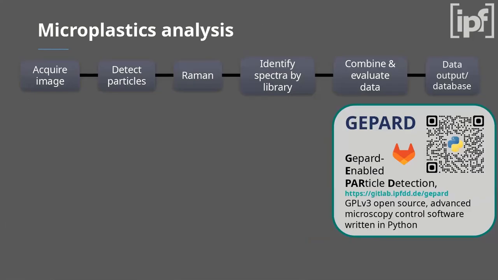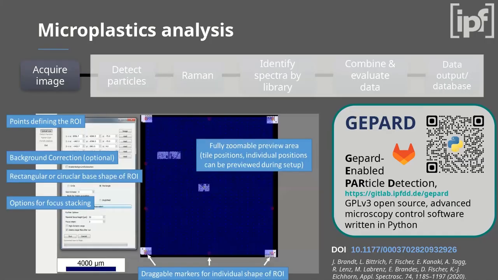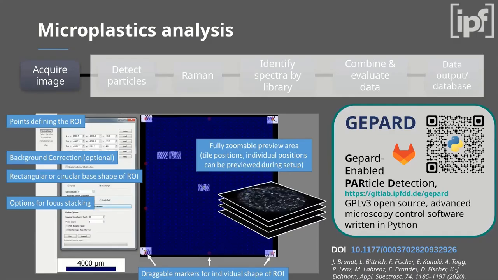But now let's focus a bit more on the analytical part. So here is an overview of our work routine, just to give you an impression, and so you know how things are happening in our microplastic analysis. This pipeline starts with that we acquire microscopic images in dark field mode in our case usually, but basically just a light microscopy image, but we take it in a z-stack, so several layers to cover small and large particles alike.